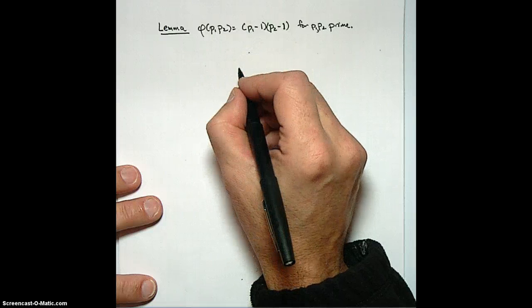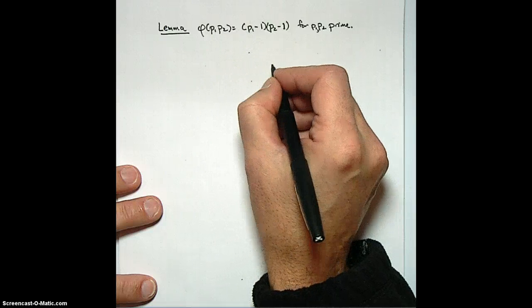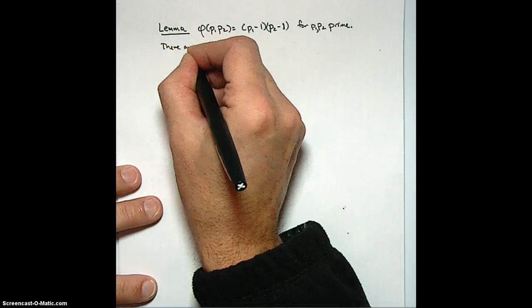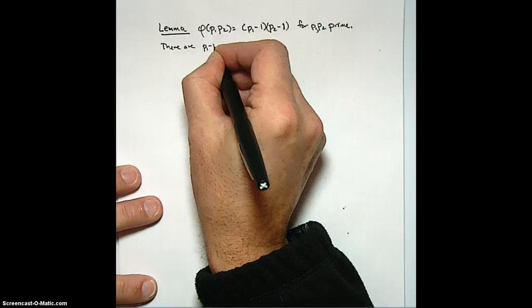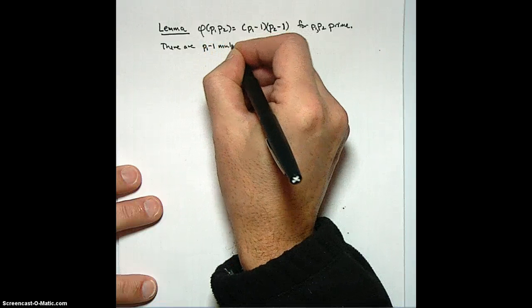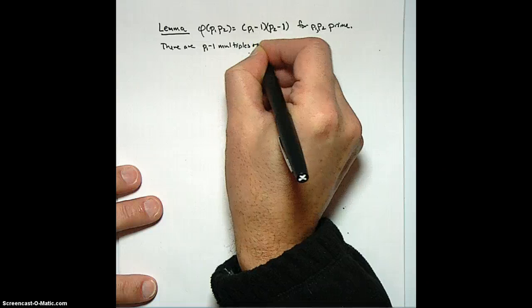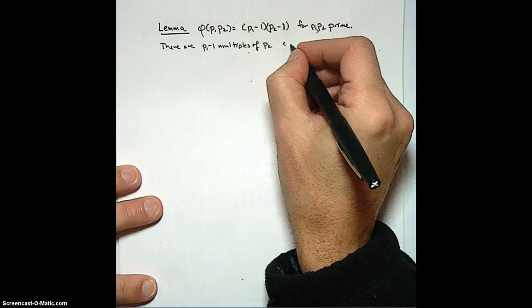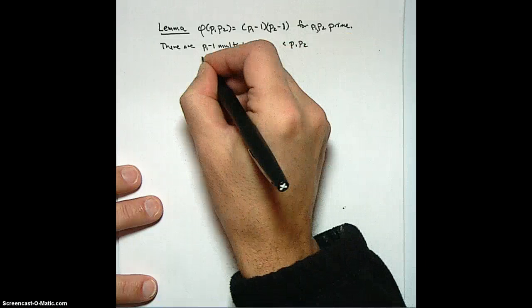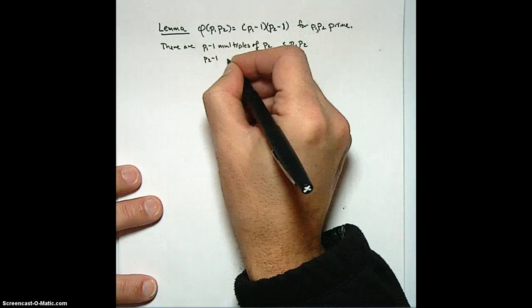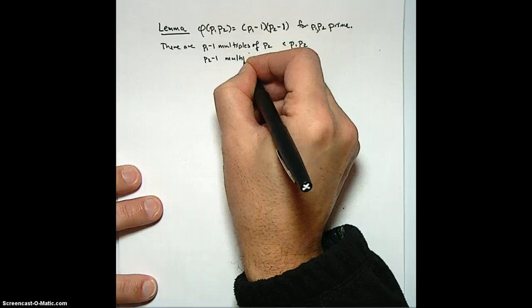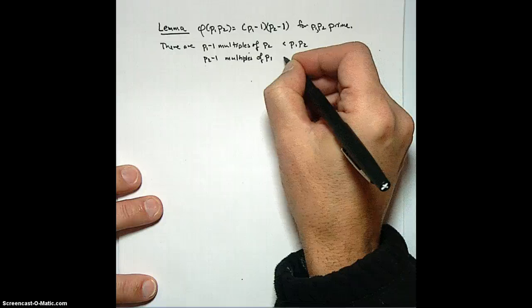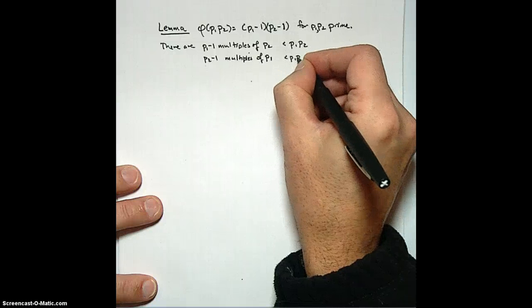So there are p2 minus 1 multiples of p1 that are less than p1 p2, and p1 minus 1 multiples of p2 that are less than p1 p2.